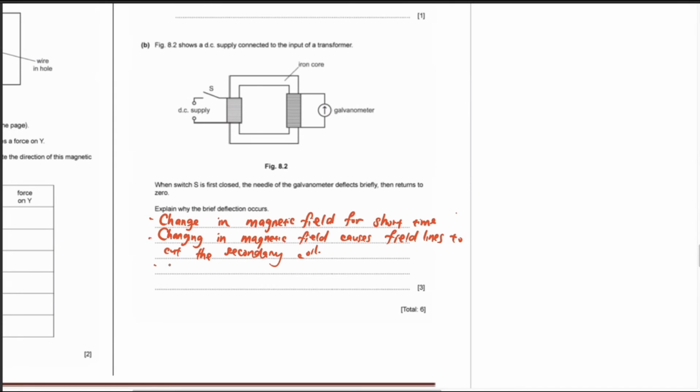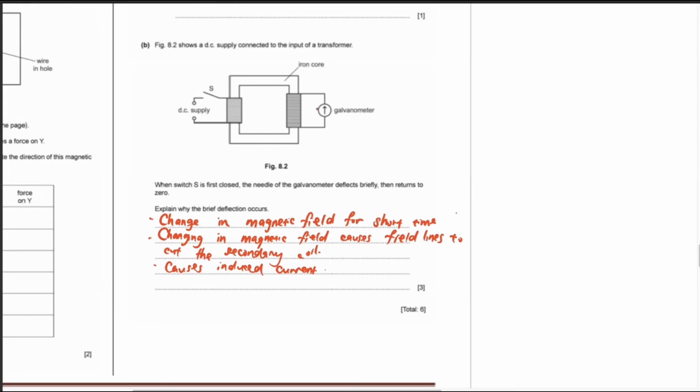And then causes induced current. Okay, so 3 points. You just need to explain what happened, why there is a deflection in the needle for just a while. But if you're using alternating current, you should expect the galvanometer to deflect to the right, then deflect to the left, then right, left, right, left. So showing that it's alternating current.